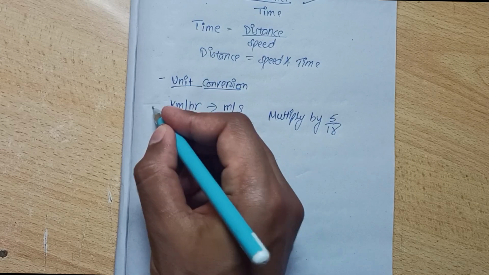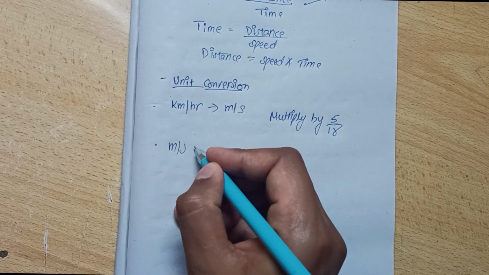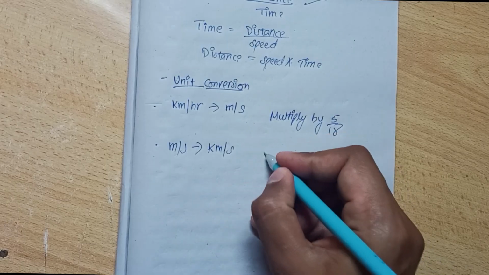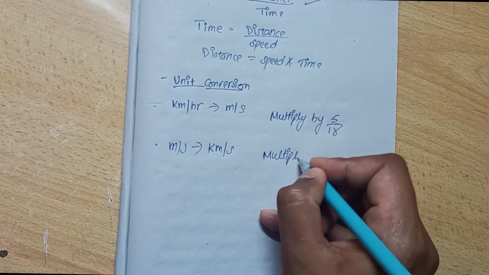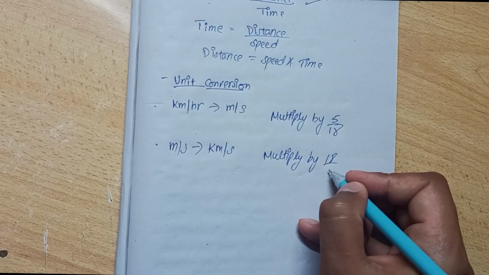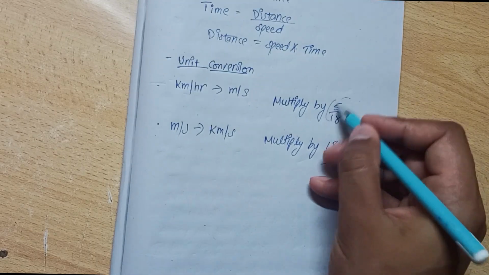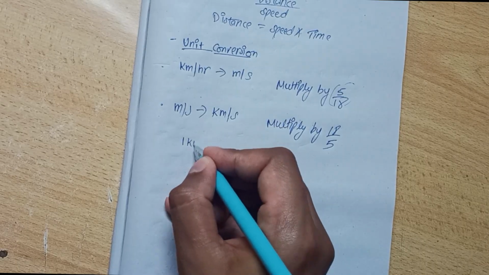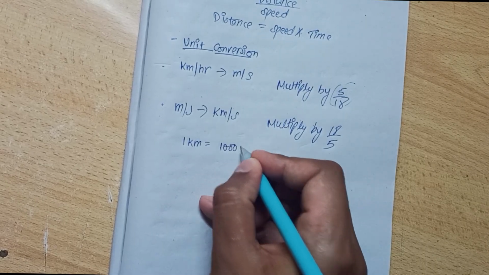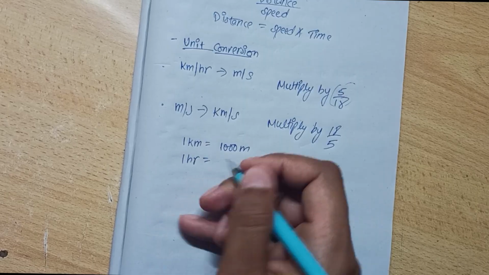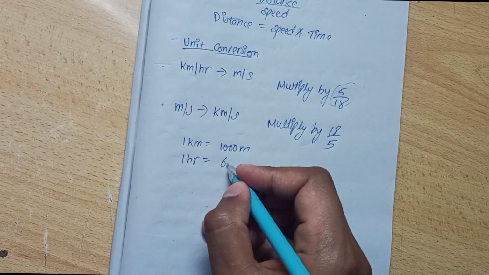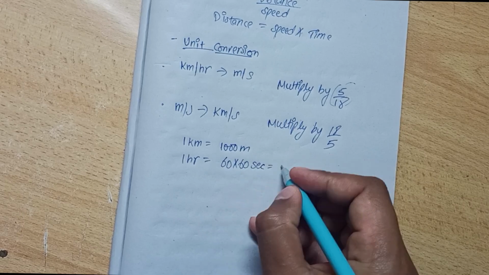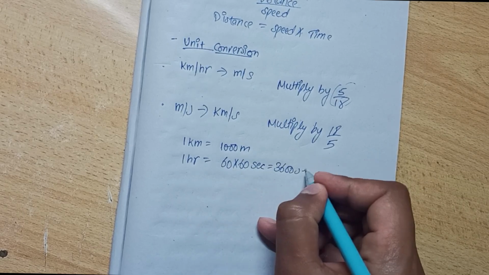And if something is given in meter per second and you have to convert it into kilometer per hour, then you can multiply it by 18/5. And how this number came, now I am going to explain. So basically we know that 1 kilometer is equal to 1000 meter and 1 hour is equal to 60 into 60 seconds, which is 3600 seconds.